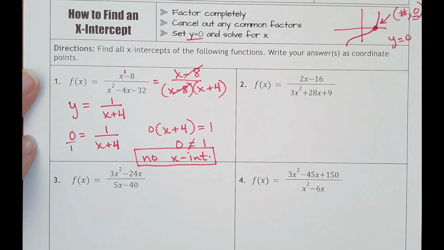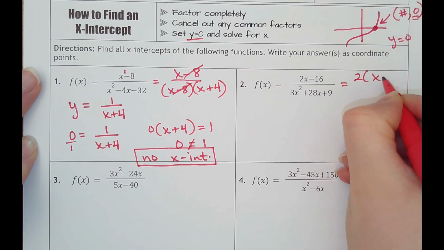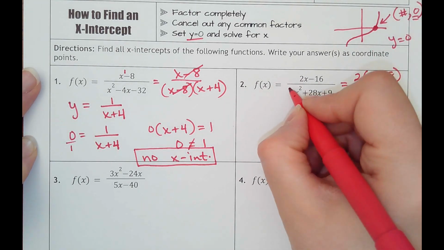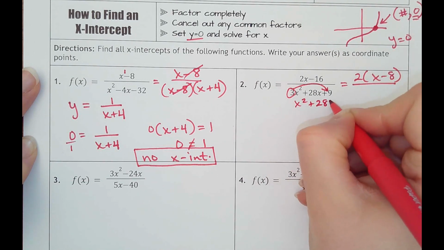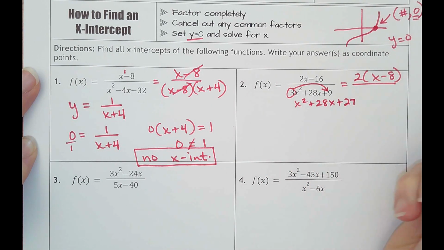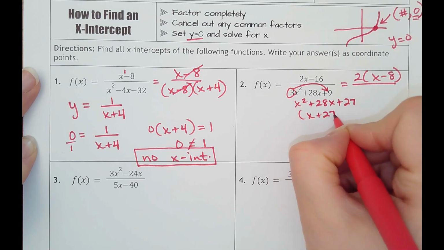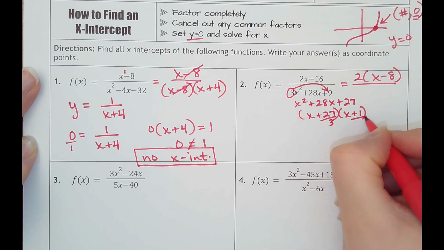All right, number 2, factor. Take out a 2. That'd be times x minus 8. Slide and divide. So that would be 27 and 1. Divide by 3.